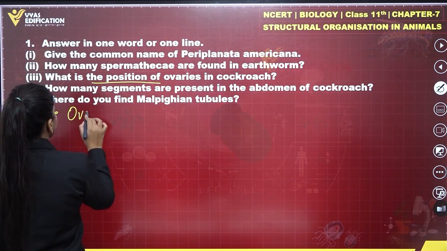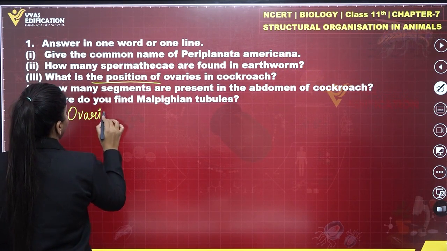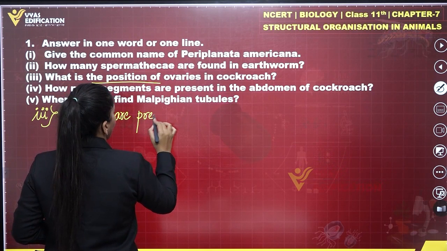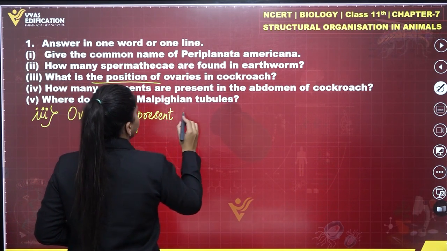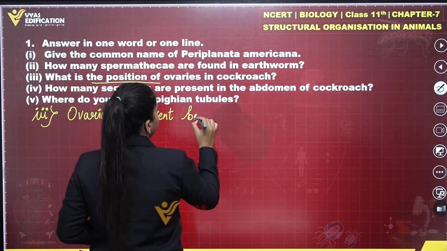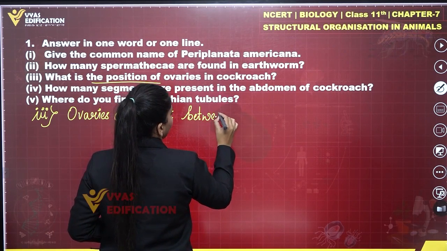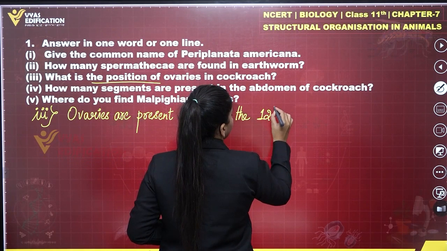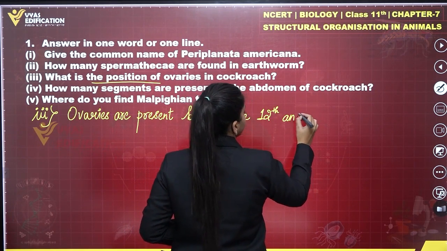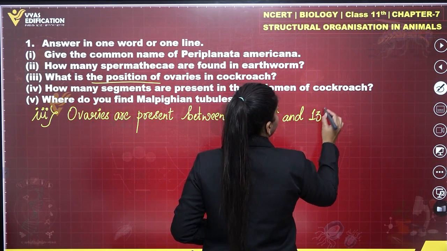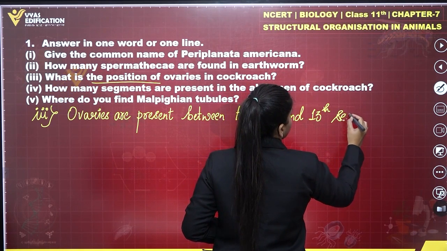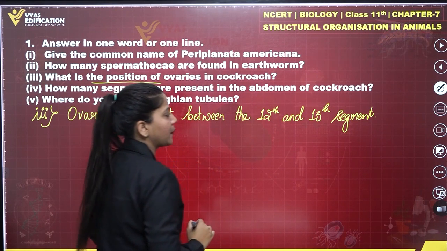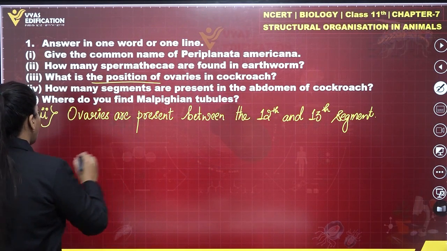So, ovaries are present between the 12th and 13th segments of cockroaches.